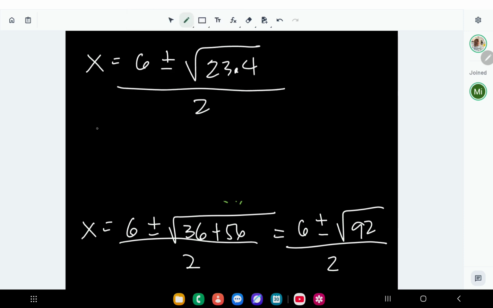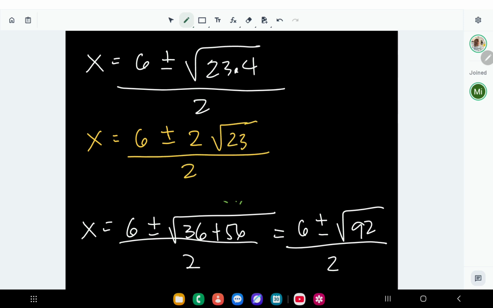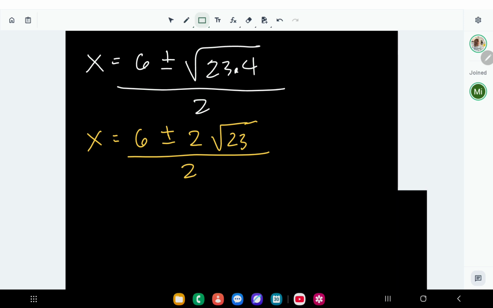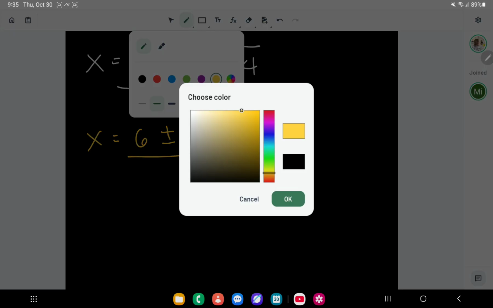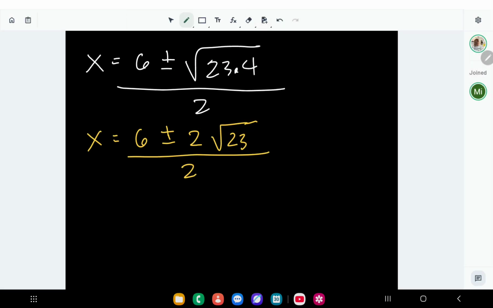Because I don't use the calculator, we can write this as x equals 6 plus minus 2 square root of 23 over 2. You need to look for factors of 92. Notice here that 6, 2, and 2 are divisible by 2. So the answer would be 3 plus minus square root of 23.